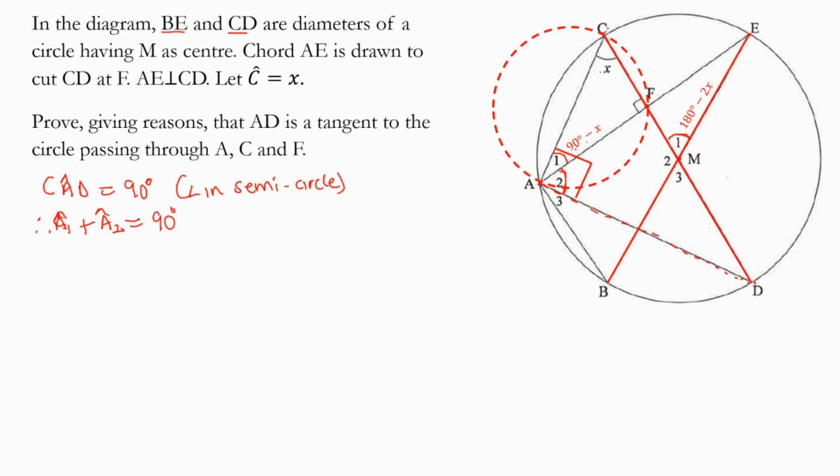We have angle A1, which is 90 degrees minus X. So angle A2 is equal to 90 degrees minus (90 degrees minus X).